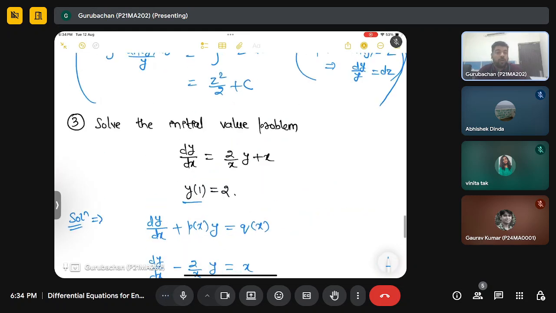From here, we also observe that our domain must not contain x equal to 0. So we need to solve this differential equation over a domain where x equal to 0 has been excluded.